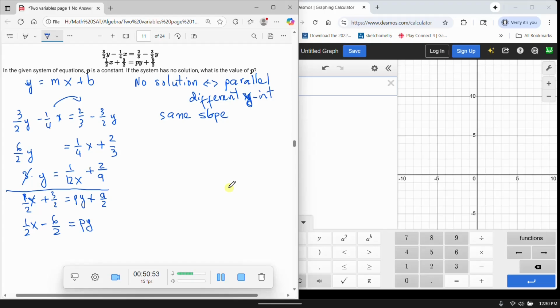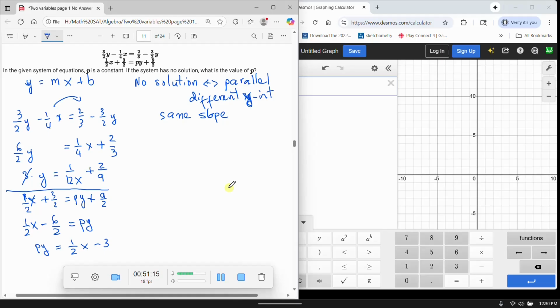Now at this point I want to flip the whole thing. And then I'm going to get py equal. So flip the left to the right, right to the left. And then minus 3. So I'm going to divide both sides of the equation by p.